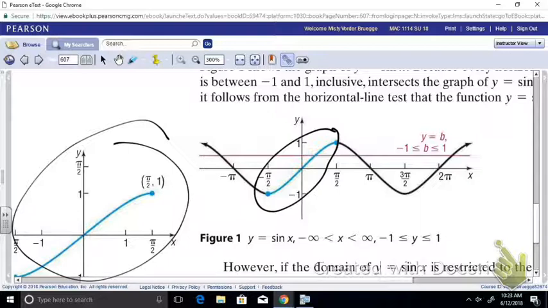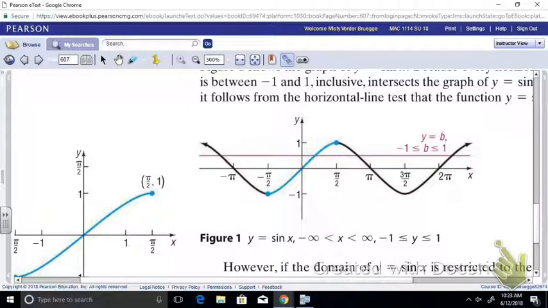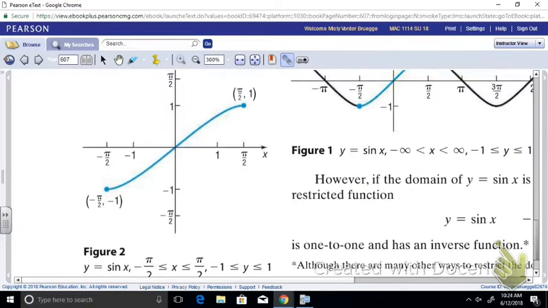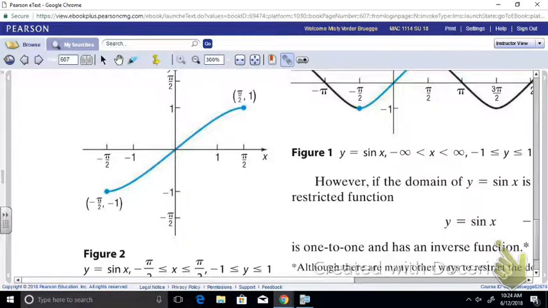Okay. Now, I'm going to do this just so you can see it. Right here, if you just restrict the graph, let me come back a little bit this way. So here's the restricted graph. Couple things I want you guys to see on that restricted graph. Do you see here that the domain for sine of x, or let's do sine of theta because that's going to make more sense to us.